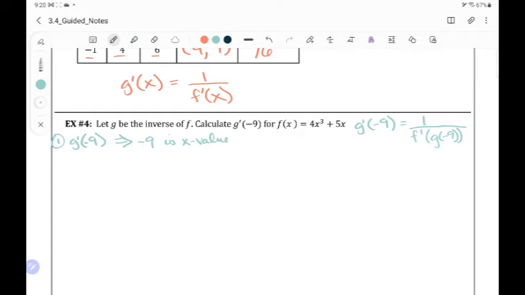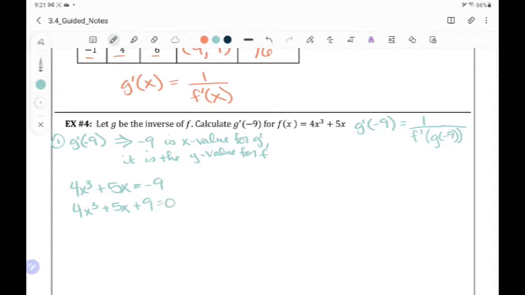So that means the x value for g is the y value for f, right? So we're going to set our function 4x cubed plus 5x equals negative 9. Now, obviously, this is not an easily factorable function.